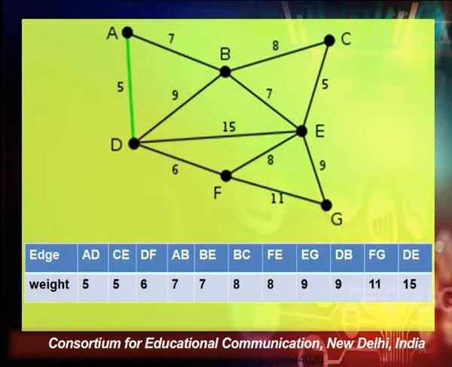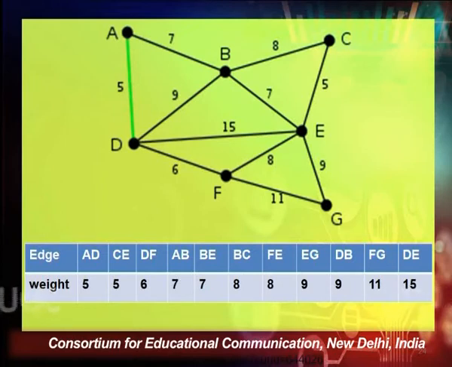So now we have AD, DF and CE. Now coming to our next step, which is taking AB. AB again has weight 7, which is the least possible among all available options.